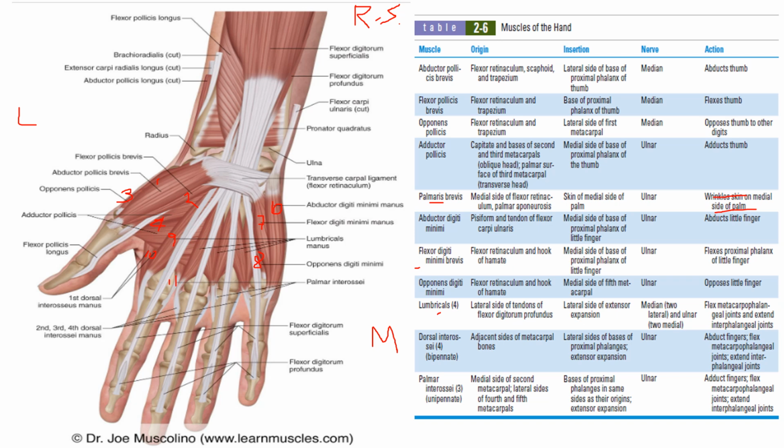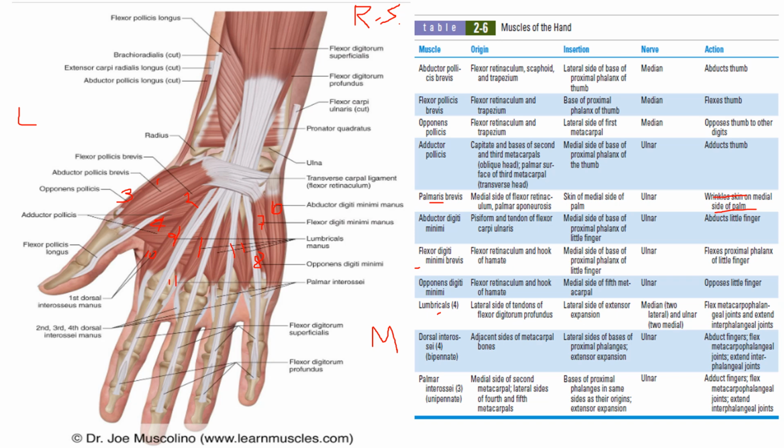For the two lateral lumbricals, this one which we are marking with lines, they are innervated by the median nerve, as we have mentioned previously, and the two medial lumbricals are innervated by the ulnar nerve.